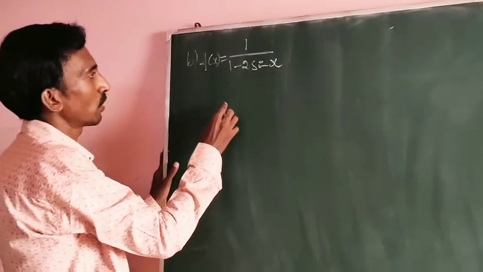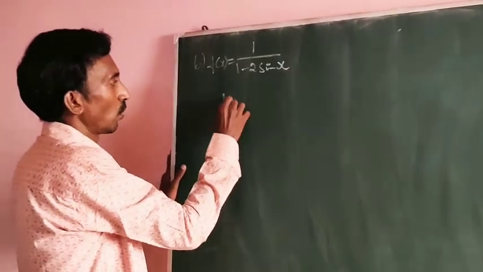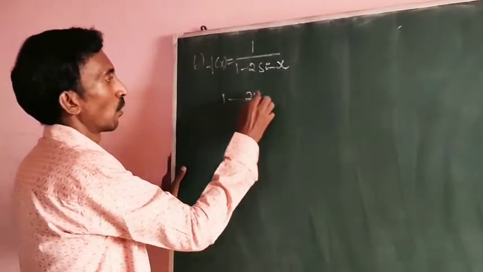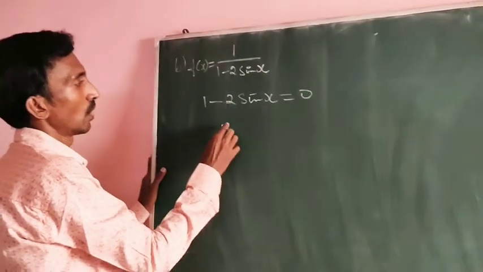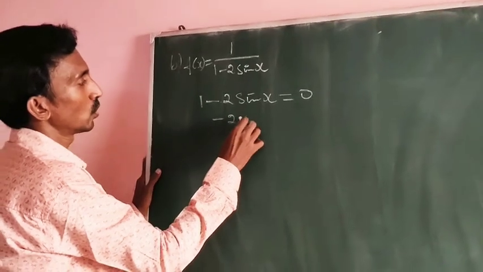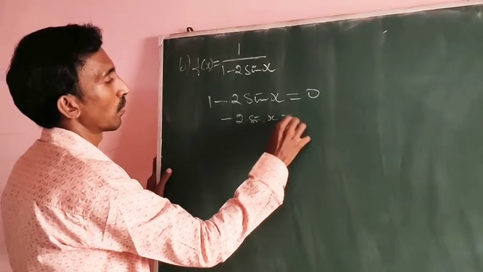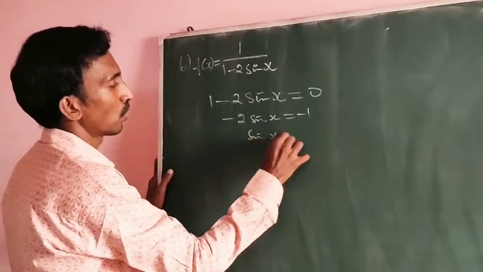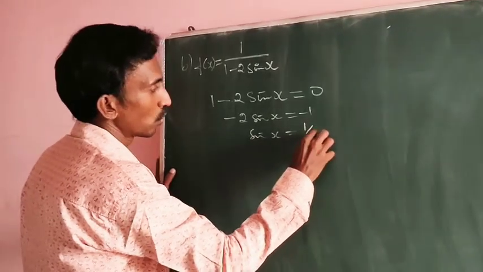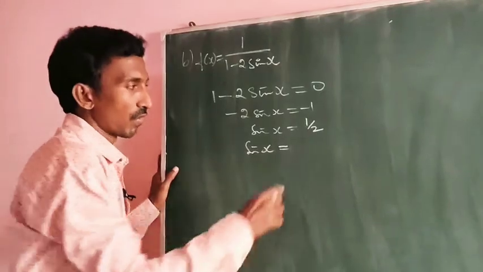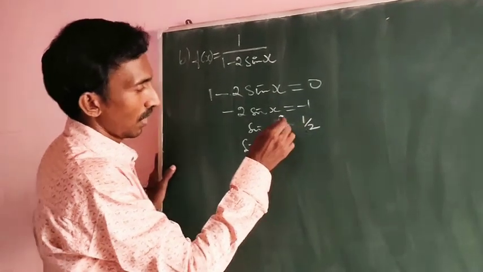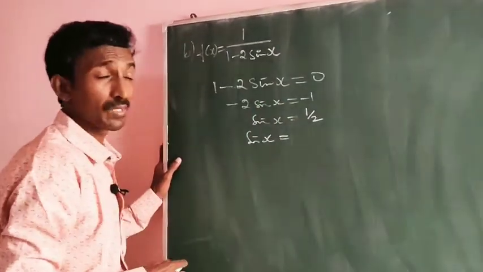So now we are going to find out: equate 1 minus 2 sin x to 0. So minus 2 sin x equals minus 1, sin x equals 1 by 2. For what value of x is sin 1 by 2?